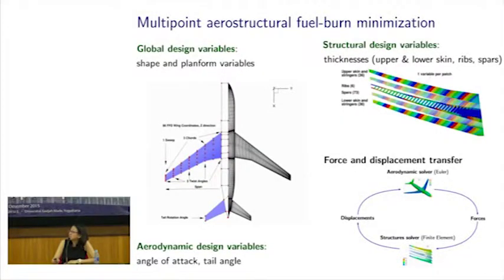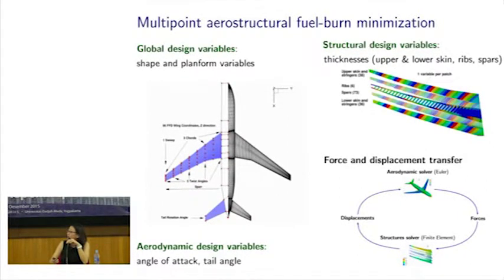So in this optimization, the design variables, or the variables that we can vary, include some global design variables which affect both aerodynamic and structures disciplines, including some of the shape variables as shown on the left-hand side, the top view of the aircraft.